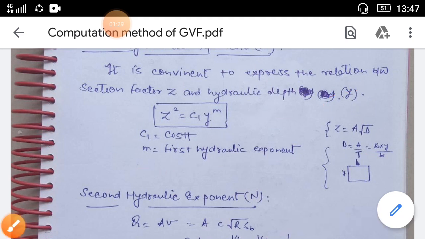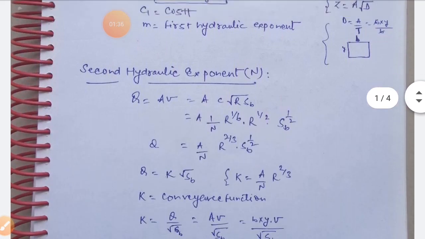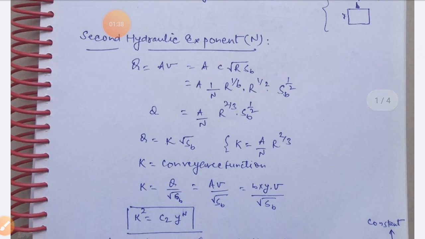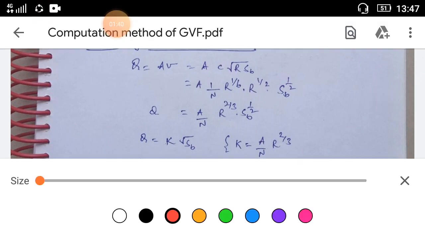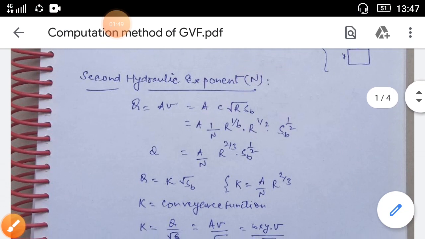Now come to the second hydraulic exponent. In this case, first, Q is equal to A into V, that is equal to A C under root R S_B.